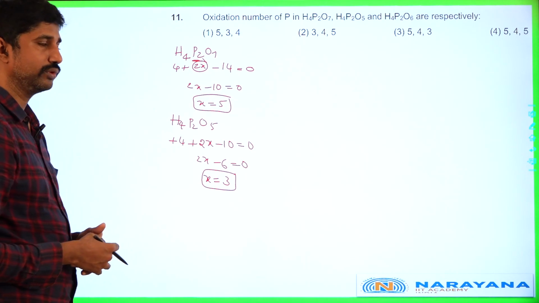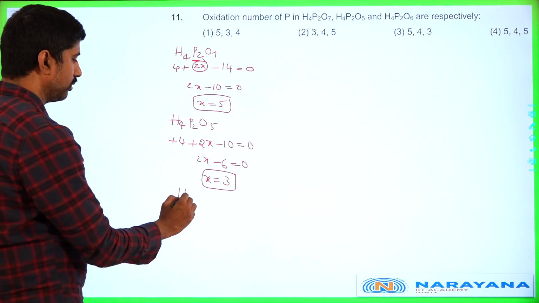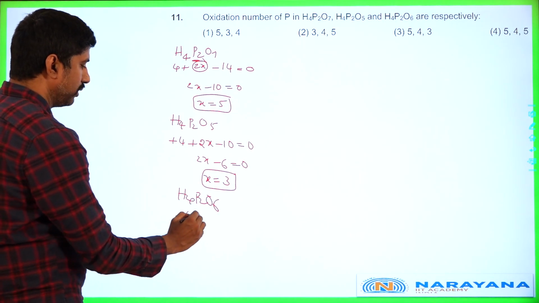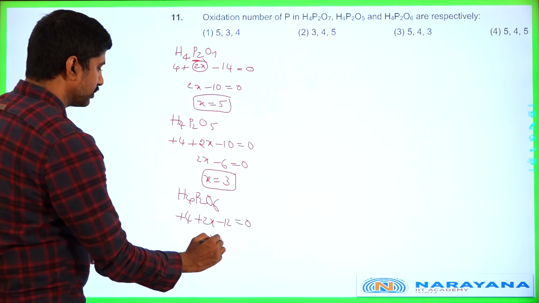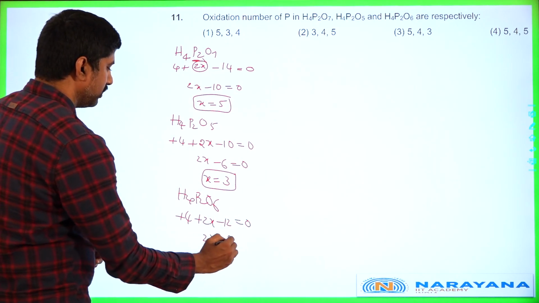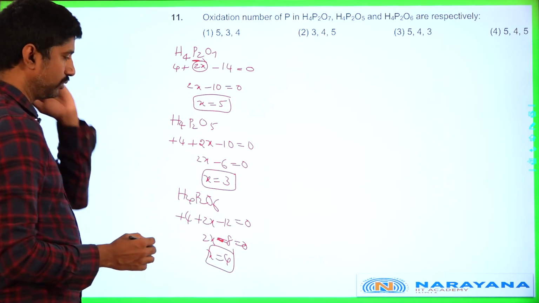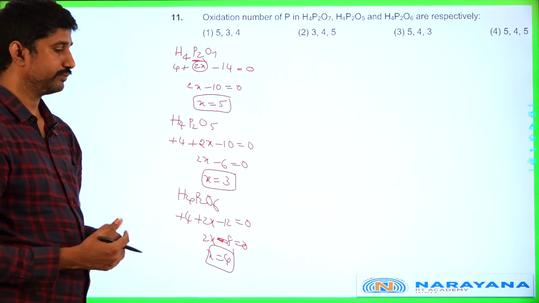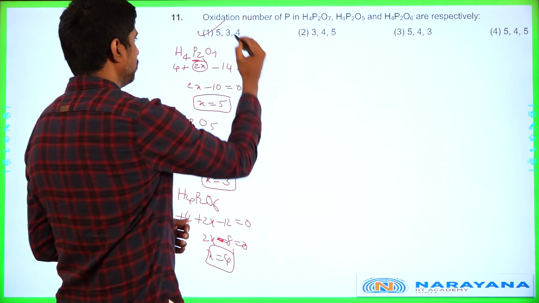And the third one, H4P2O6, in the same manner: plus 4 plus 2x minus 12 is equal to 0. So 2x minus 8 is equal to 0 and x is equal to 4. So the oxidation numbers will be 5, 3 and 4. So option 1.